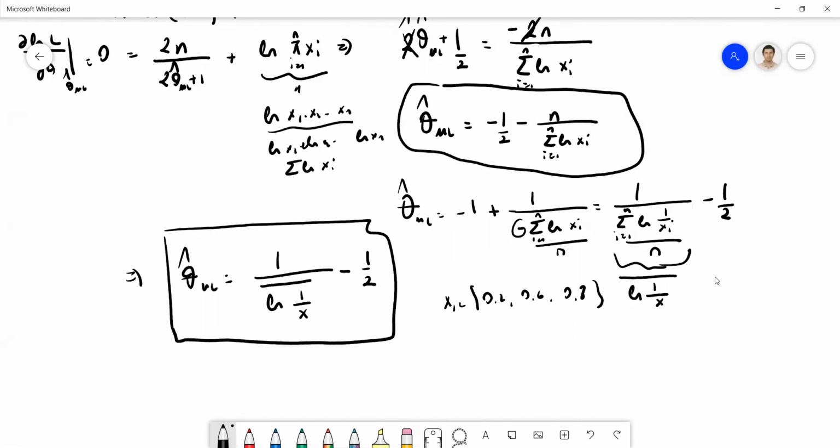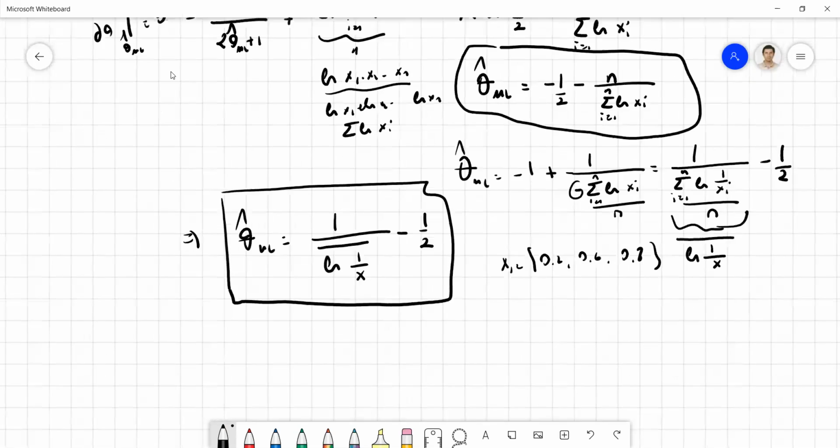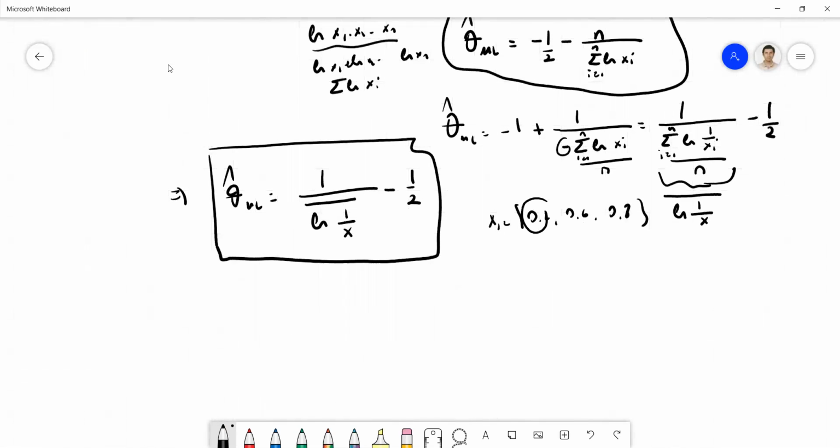Indeed, I even doubt whether it is going to give a positive result. The result is not going to be positive, it's going to be negative, because as you can see, when you have 0.2 here or anything smaller than 1, this value is going to be greater than 1. Can I guarantee this to be greater than 1.2?